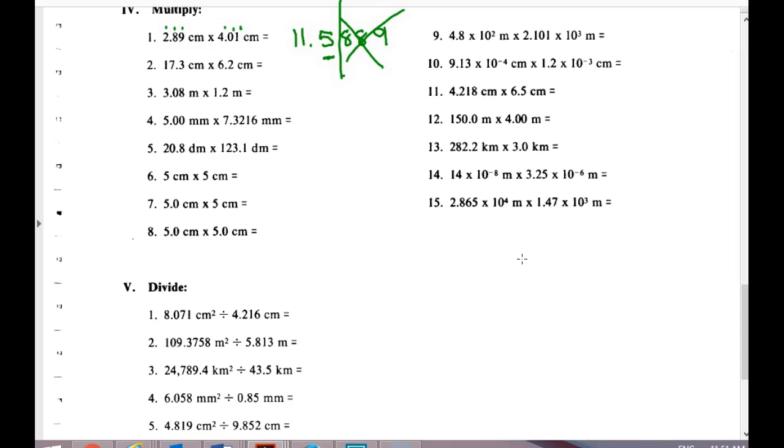The reason why this is 11.6 is because the next number is higher than 5, so you have to round that up. In question number 2, 3 sig figs is 17.3. 2 sig figs is 6.2. That means that you only get 2 sig figs in your final answer.